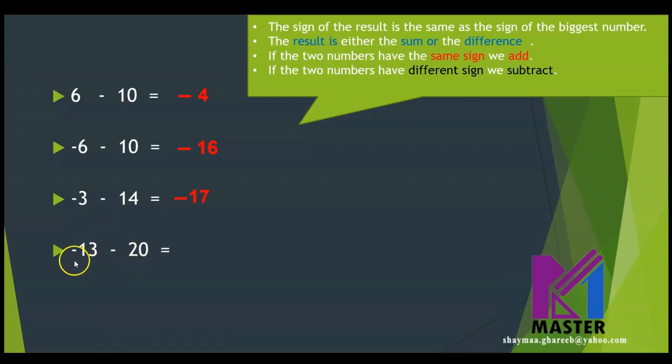And the last example, -13 minus 20, same concept, a number that is 20 smaller than -13, or we're going to count backward by 20 starting from -13. So we are going to reach -33, because -33 is 20 less than -13. Is this clear?